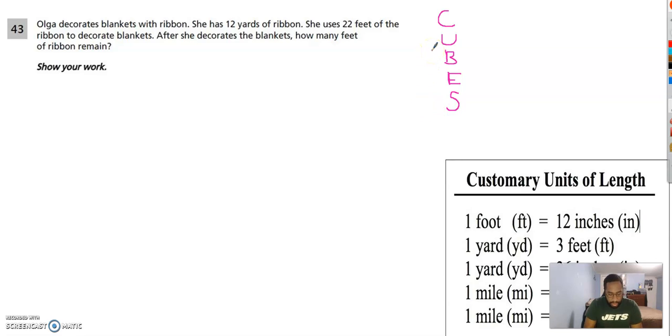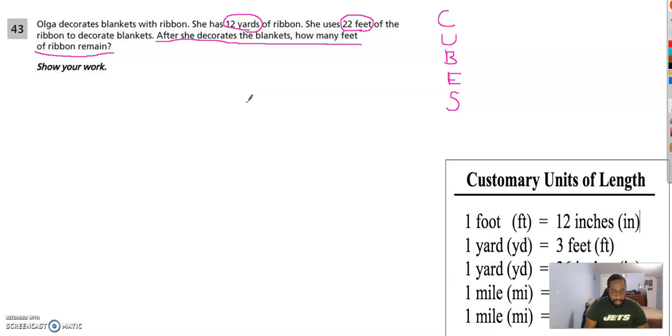Let's see here. Jaslyn, what are the numbers in this problem? Yes, you have 12 yards. You have 22 feet. Aaron, what's the question? After she decorates the blankets, how many feet of ribbon remain?